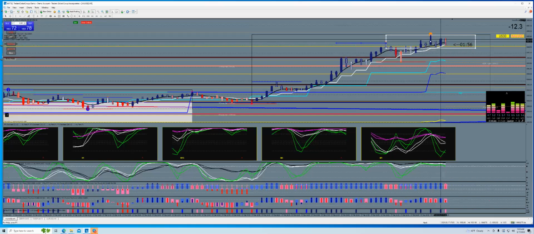I said, well, give it a chance because the 1 minute still has to cycle down to form the next pattern, which looks like a trend trade to the upside. But the 5 minute 15 is starting to want to play. So I'll be taking that gamble.